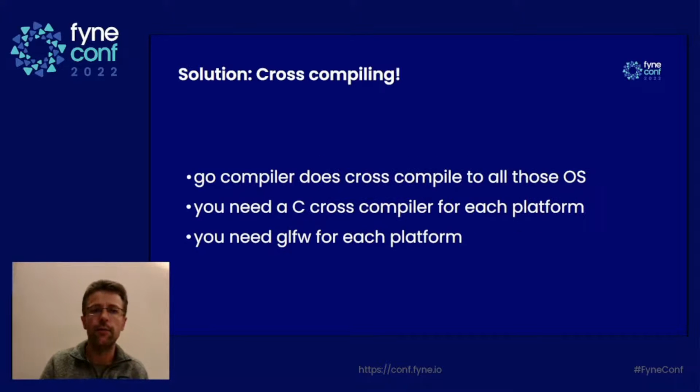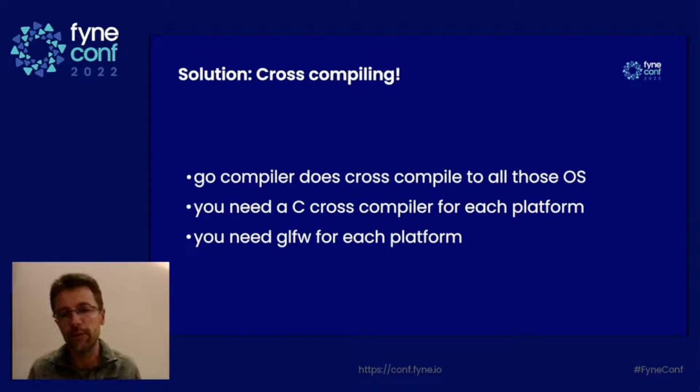And for all of these platforms, the solution, if you have only one computer, is to set up what is called a cross-compiler. And so Go does provide already cross-compilation for all of these OS and architecture combinations. But as we depend on some C library, or in the case of Fyne, we depend on GLFW, we actually need to have a C cross-compiler.